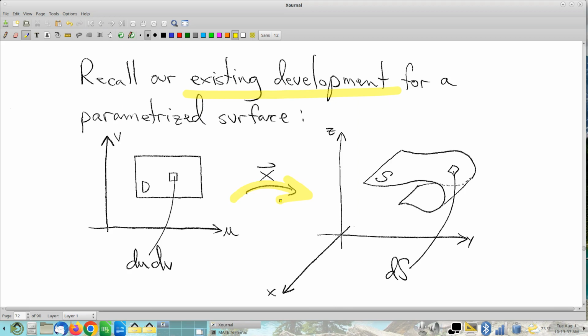But if I parameterize it, then I can talk about our old idea of pulling back through the parameterization, and the adding up that I want to do on that surface turns into adding up over rectangles. I love adding up over rectangles. World's easiest double integrals, nothing to it, fully armed, we know how to do that. Everybody happy? So the big trick: parameterize, pull back through the parameterization.